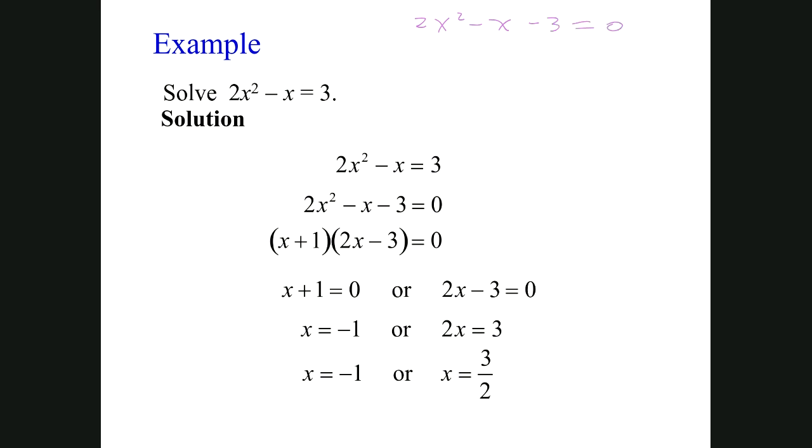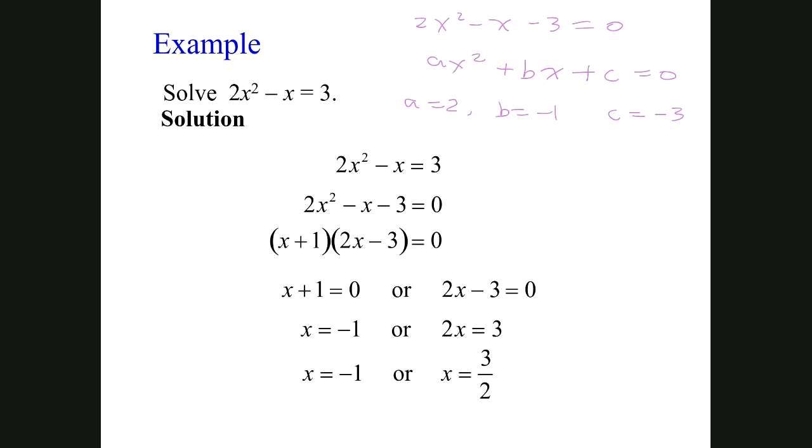Remember, if I write down the standard format, where's my A here? My A here will be 2, right? And my B will be negative 1. My C here will be negative 3. That is, you compare with the standard form in here: A is 2, B is negative 1, C is negative 3.